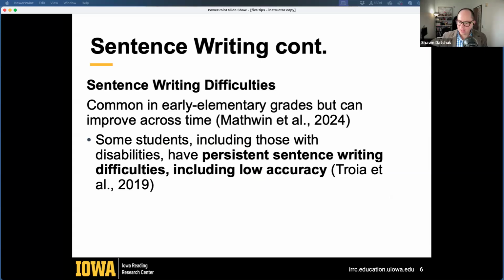So now at the beginning, we tend to see students start to generate more writing output, some accuracy issues, but then for some students, they're going to have persistent sentence writing difficulties, including just kind of low accuracy throughout elementary grades. I've definitely seen that. I'm a former K-12 special education teacher, elementary educator. I saw that for some students, even past elementary grades, they would struggle, unfortunately, to write multiple complete sentences.